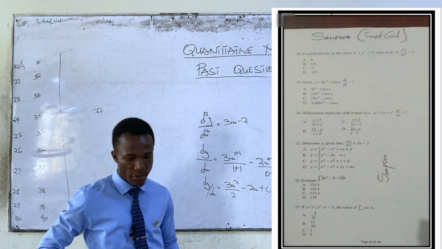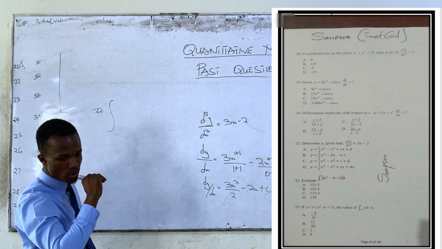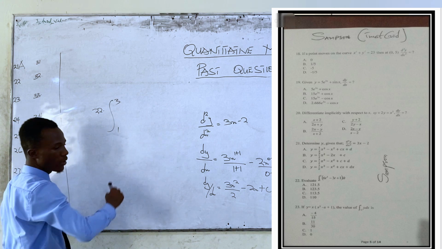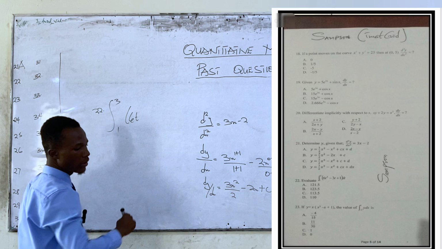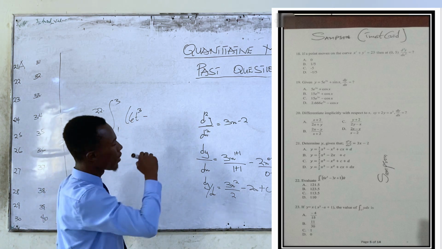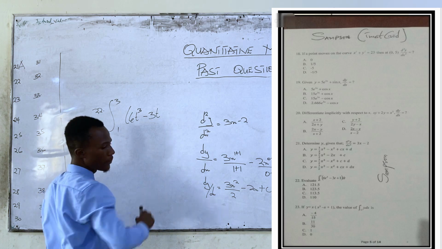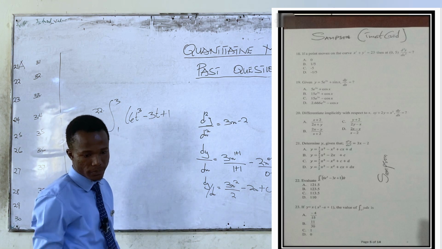Question 22. Evaluate the integral from 1 to 3 of 6t cubed minus 3t plus 1.